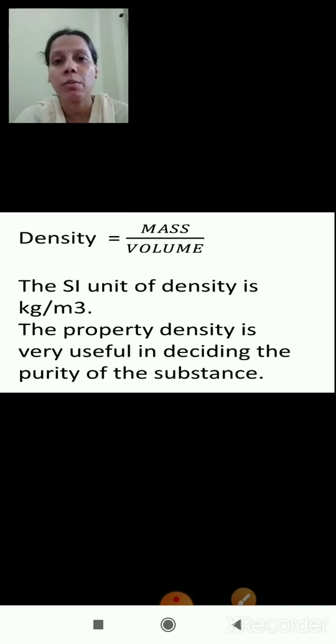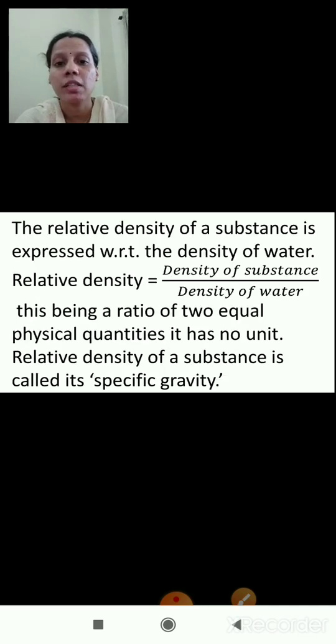Now the second formula is density. Density is equal to mass upon volume, correct, and the unit is kilogram per meter cube. Then the relative density. The relative density is equal to density of substance upon density of water. What is the density of water? 10 raised to 3 kilogram per meter cube.